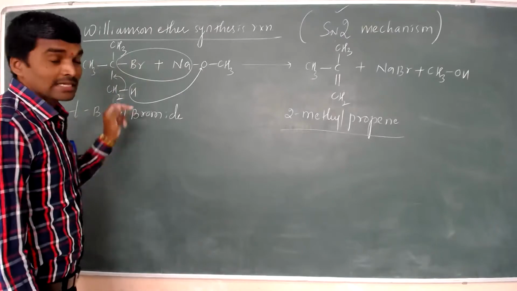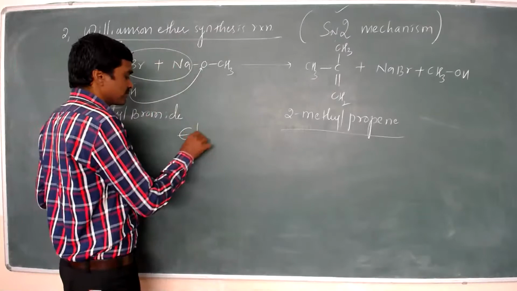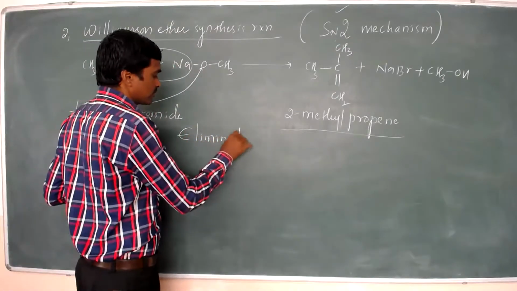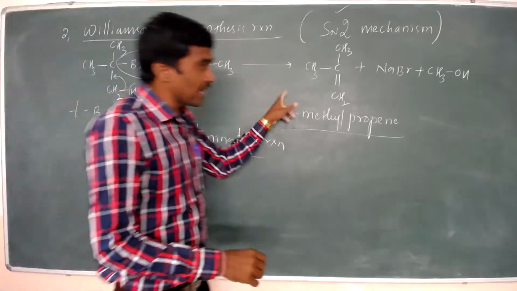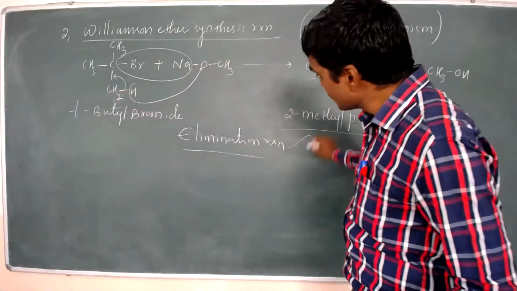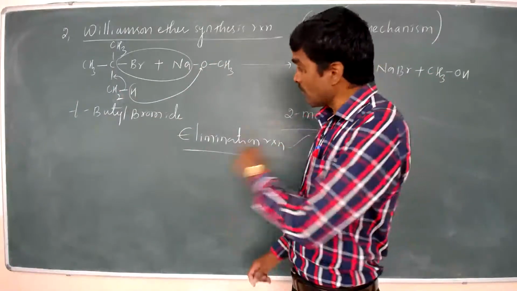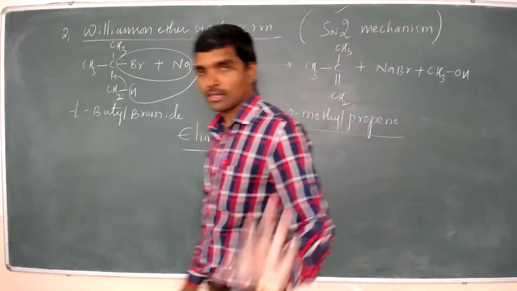If alkyl halides are tertiary, elimination reaction takes place. So whatever reaction I have written now is not a Williamson ether synthesis reaction. It is an elimination reaction. Remember, this does not come under Williamson ether synthesis reaction.